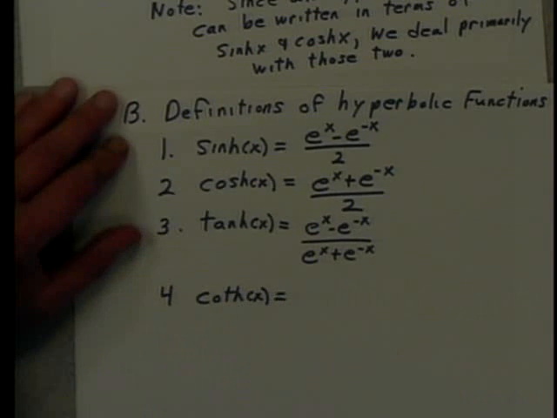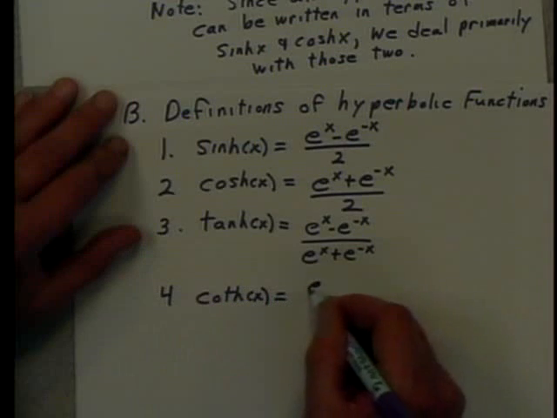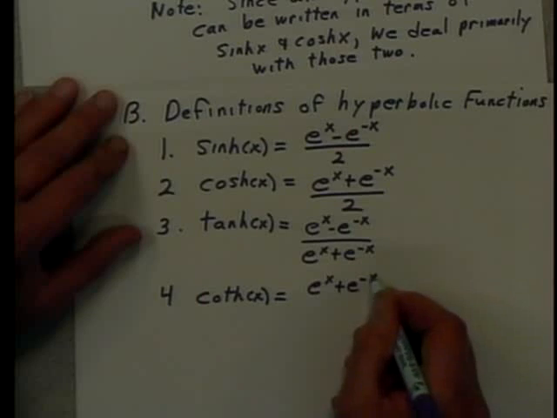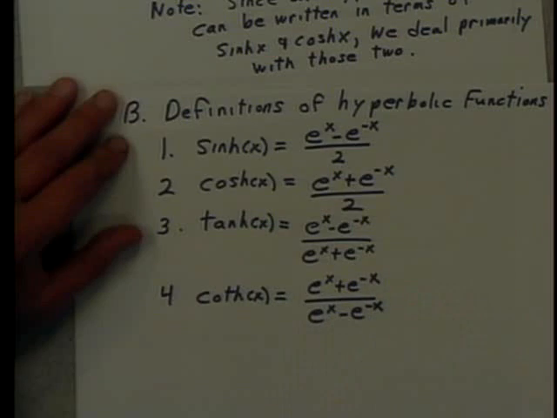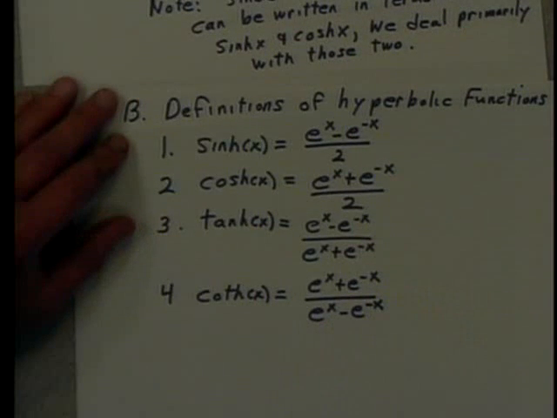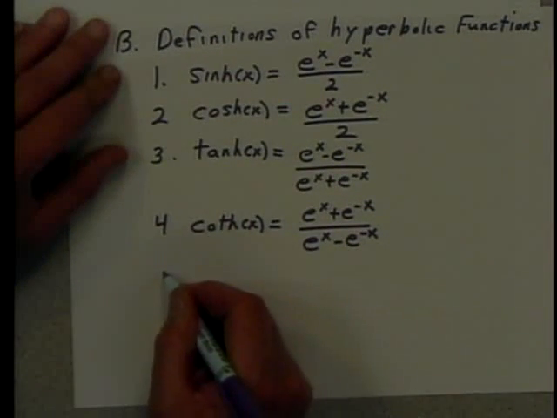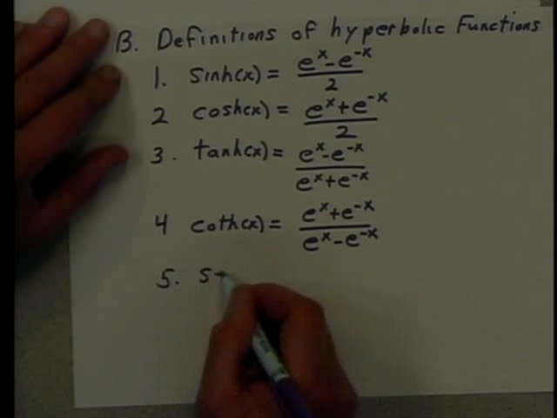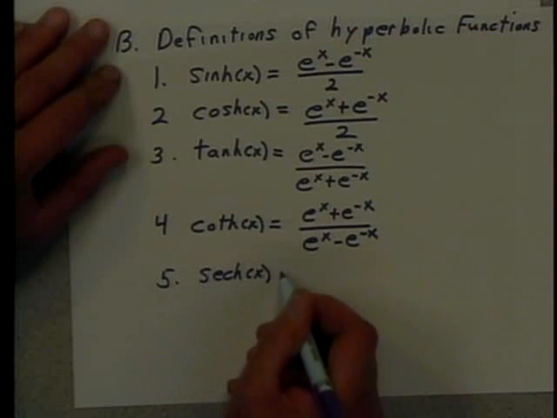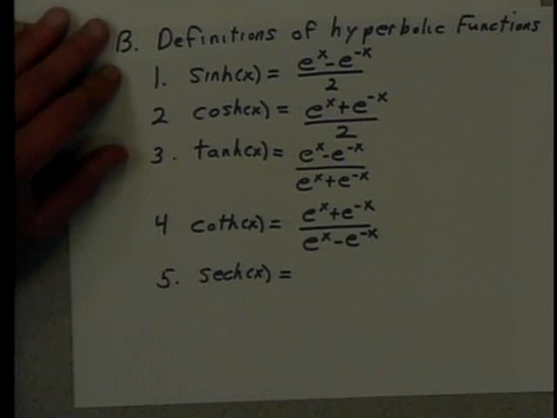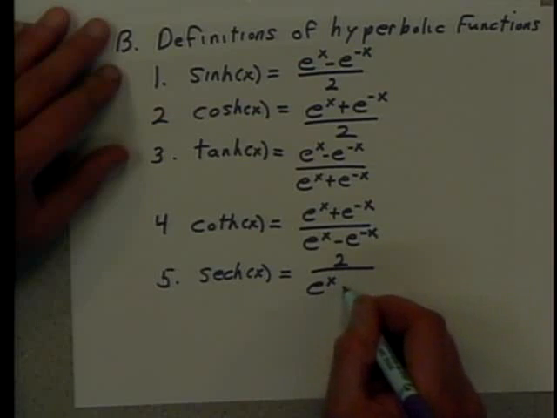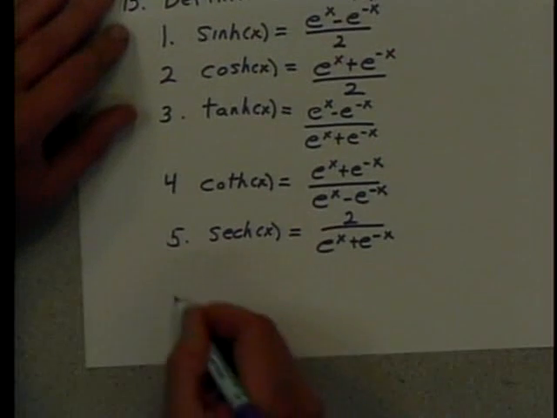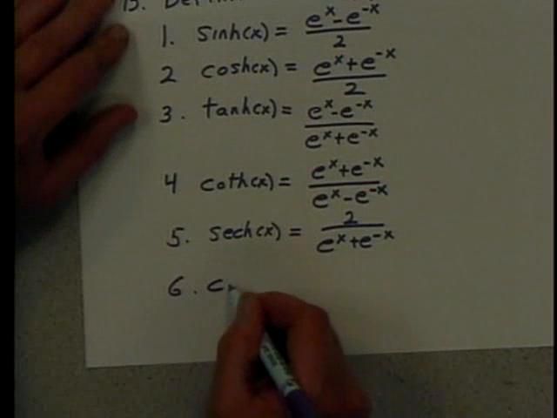Because coth and tanh are reciprocals, so you can just memorize the first two and you can find the others. That's the point we're trying to make. I'm glad you pointed it out. That's what I was hoping would happen. Well then, what about sech? Well, that's the reciprocal of cosh, so that would just be 2 over e to the x plus e to the minus x. And what about csch?